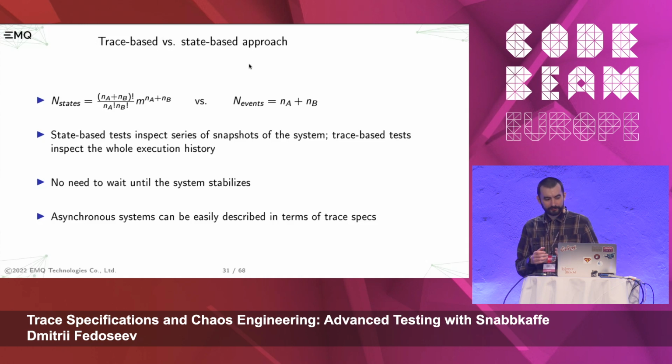Now we can test the system in motion. And most importantly, some of the properties of asynchronous and eventually consistent systems can be more easily described in terms of trace specifications.